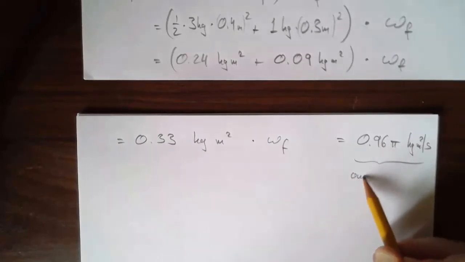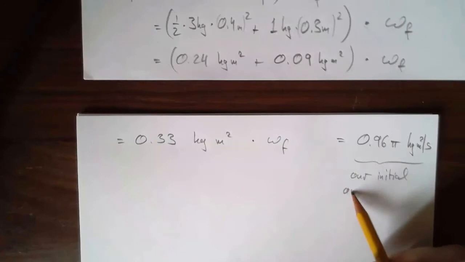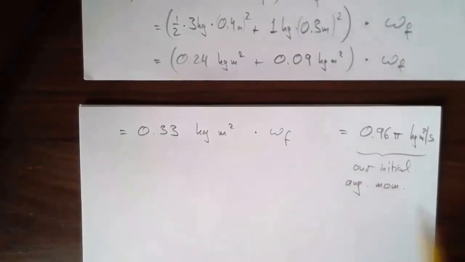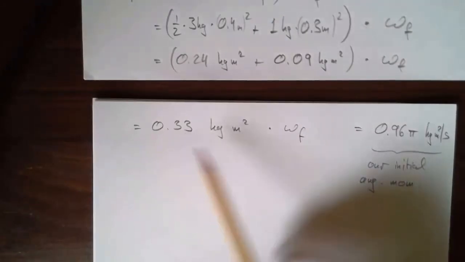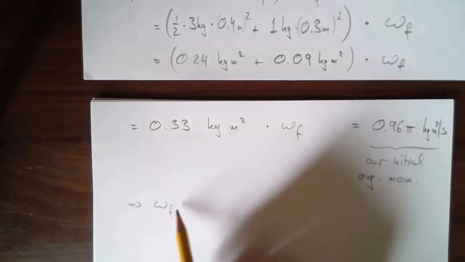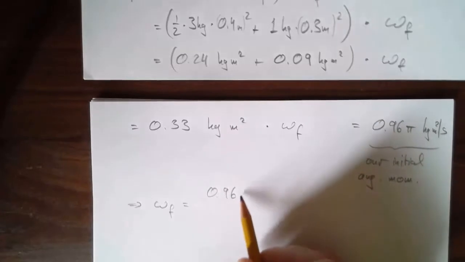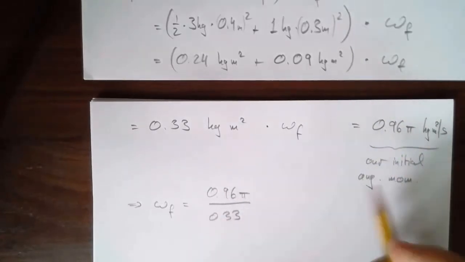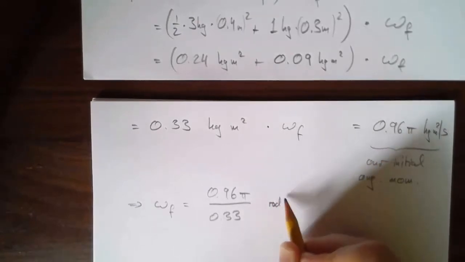This was our initial angular momentum. So that implies that the final angular velocity is 0.96 pi divided by 0.33. It's going to be in radians per second.